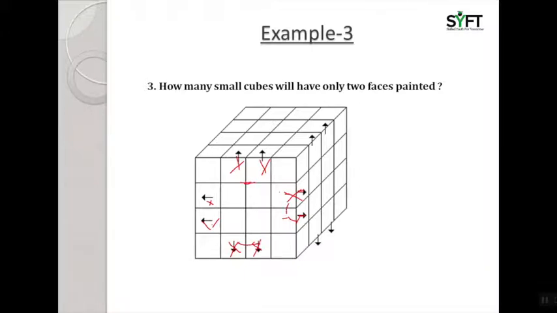So 8 cubes on the front side. And then the back is also similar. So there are 8 plus 8, and then on one side we have 4 and on the other side we have the same 4 cubes. So the total comes to 24.